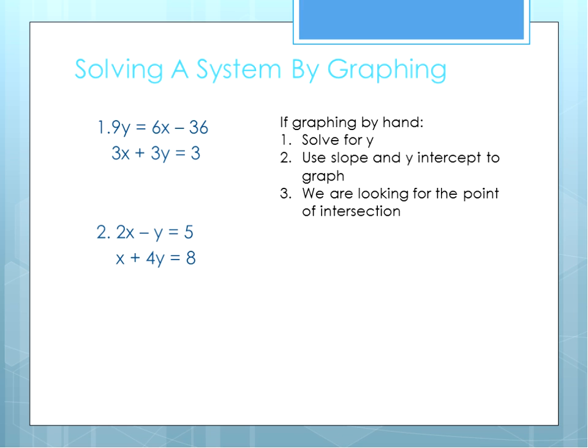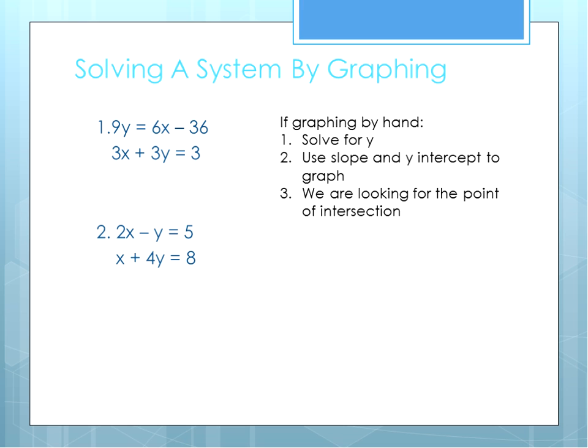Let's go ahead and see what we do here. If we're doing it by hand, we're going to need to solve for y. So we're putting it in slope-intercept form, and then we're going to plot our y-intercept and use our slope, make a little graph, and we're just going to look at where the lines intersect. Where the lines intersect is going to be our solution.